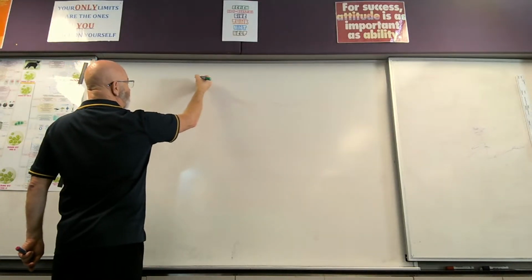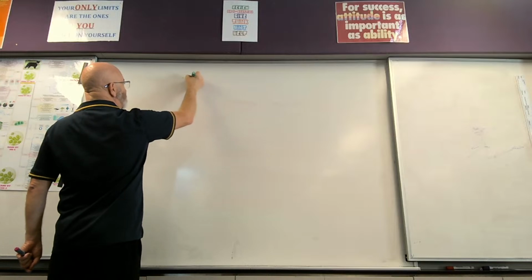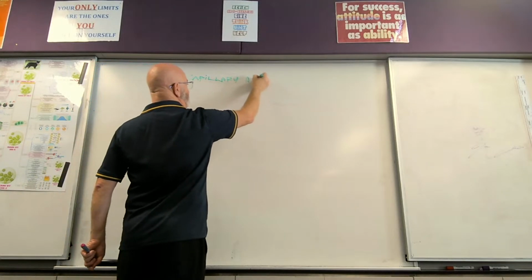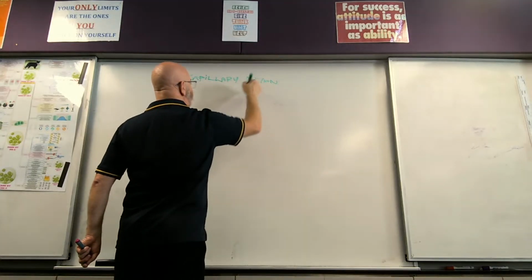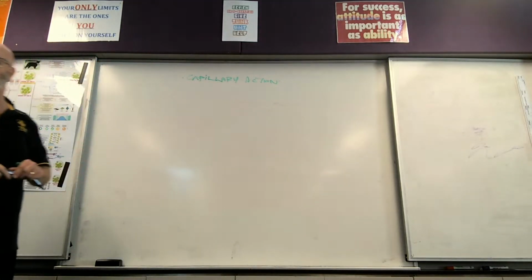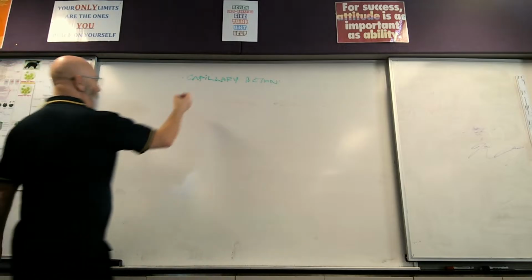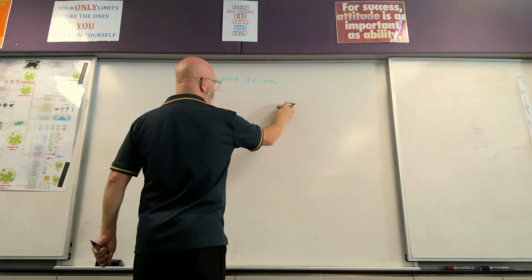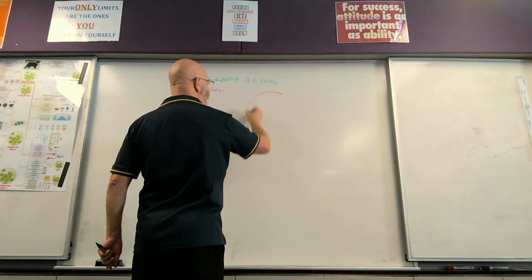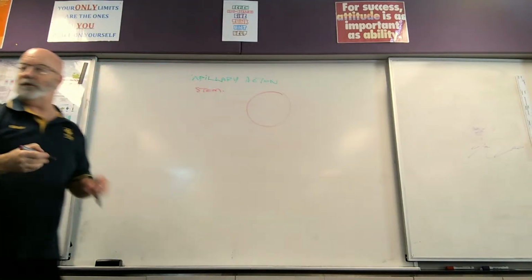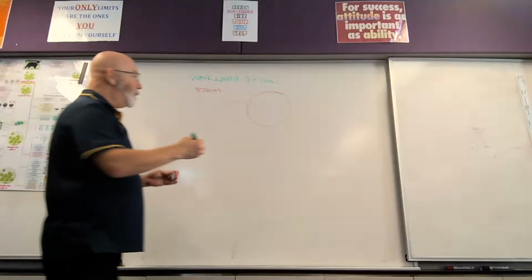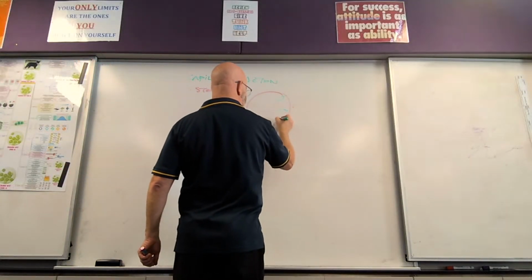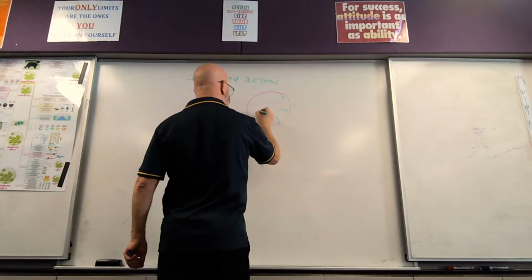Then the next one is called capillary action. In capillary action, this is moving up the stem. Now in the stem, in cross section, if here is the stem, so cut through the stem, we have our vascular bundles on the outside, the dicotyledons.